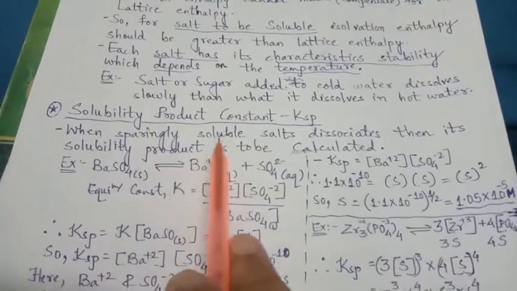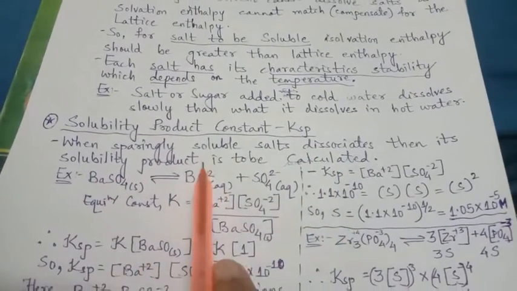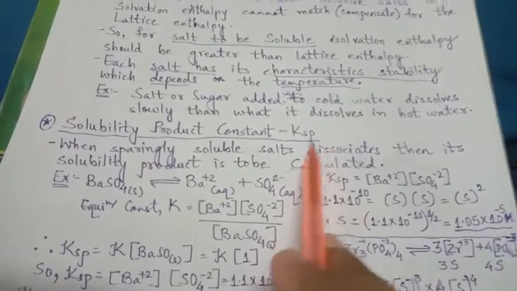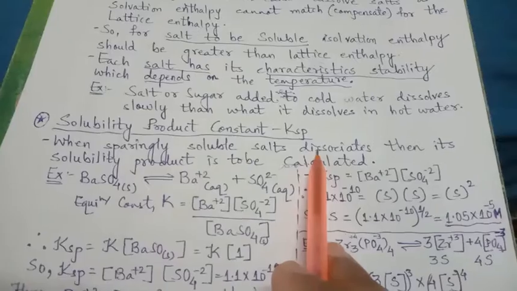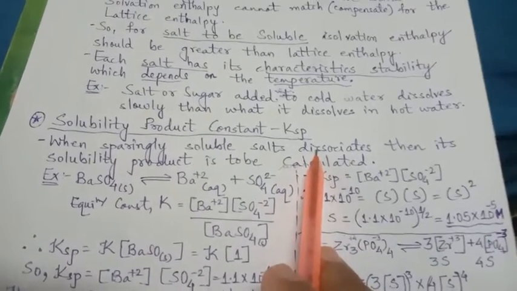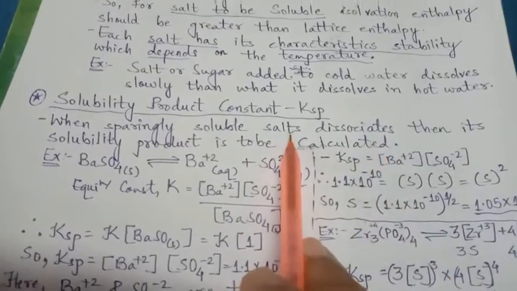When sparingly soluble salts dissociate, their solubility product is to be calculated. Dissociate means the salt separates into its respective ions, cation and anion. That is called the dissociation process of salts.